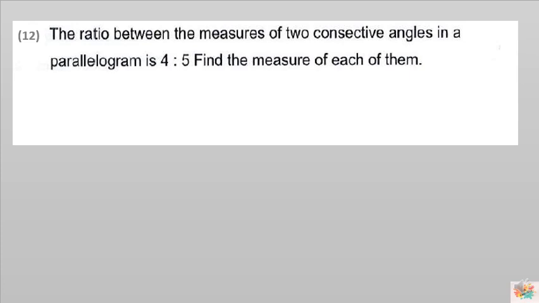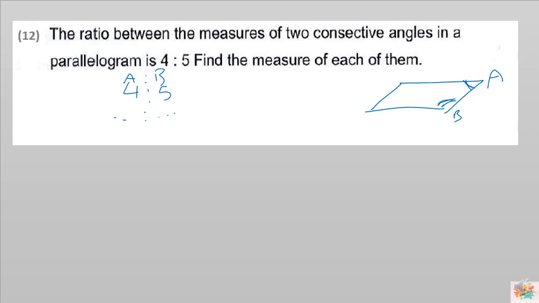Question number 12. The ratio between the measures of two consecutive angles in a parallelogram is 4 to 5. Find the measure of each of them. What does consecutive mean, Mr.? It means if I have these two angles, this is angle A and this is angle B. It tells you the ratio between their angles is 4 to 5.